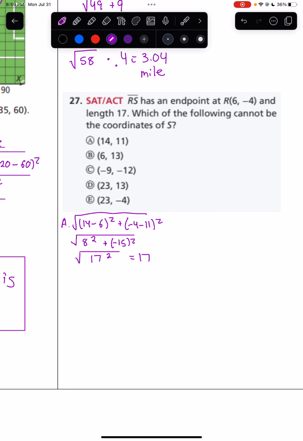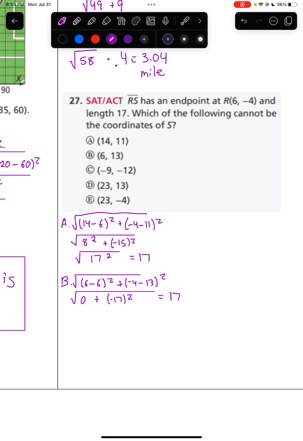So that would work. B, we've got the square root of 6 minus 6 squared plus -4 minus 13 squared, which is going to be the square root of 0 plus -17 squared, which is also 17.